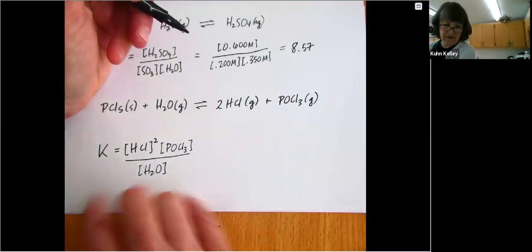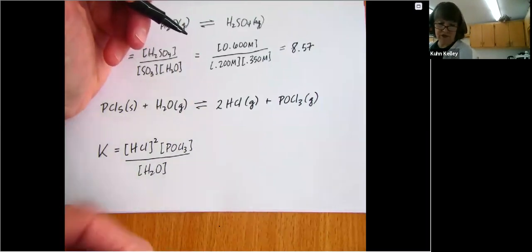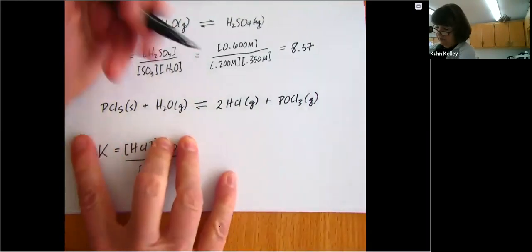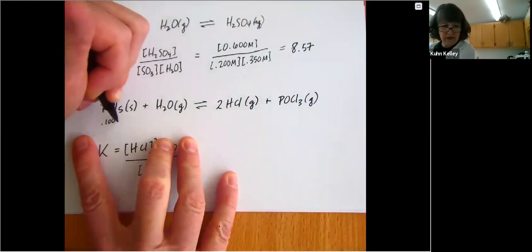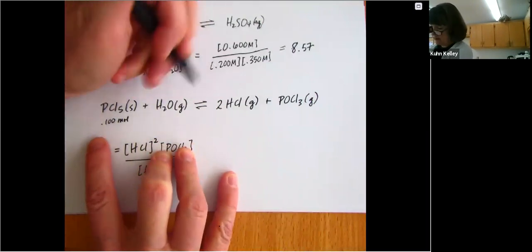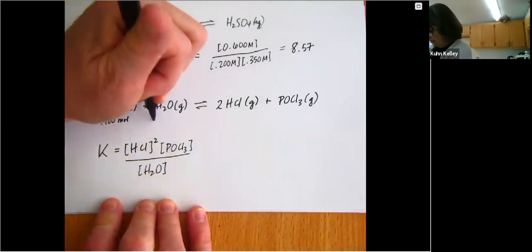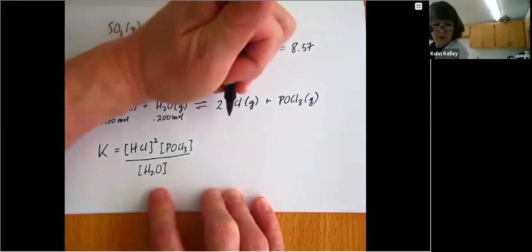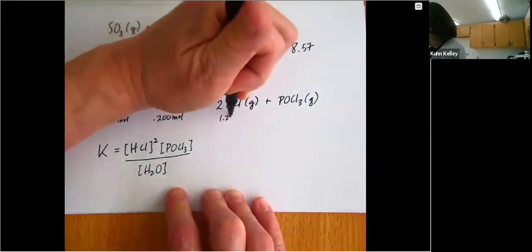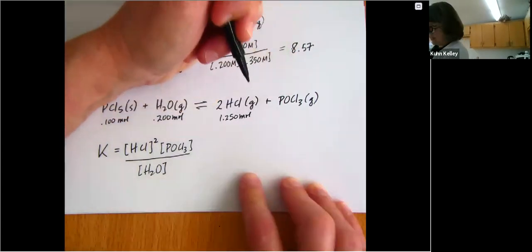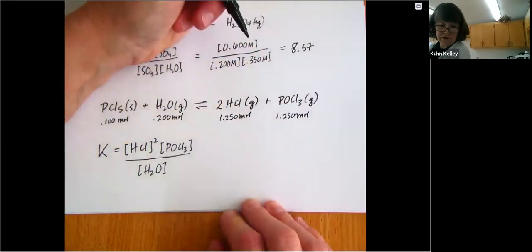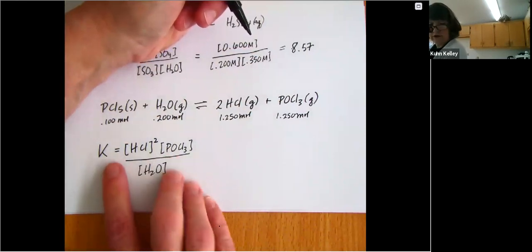So the next thing I need to do is take a second and figure out what my concentrations are. Remember, concentrations are typically given in moles per liter. And so we are told that we have 0.1 mole of this, but not worried about that because it is a solid. I have 0.200 moles of water, 1.250 moles of hydrochloric acid, and 1.250 moles of this other gas. Now they're telling me that this is in a 4-liter flask.